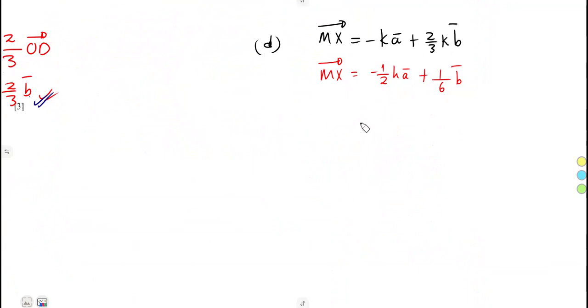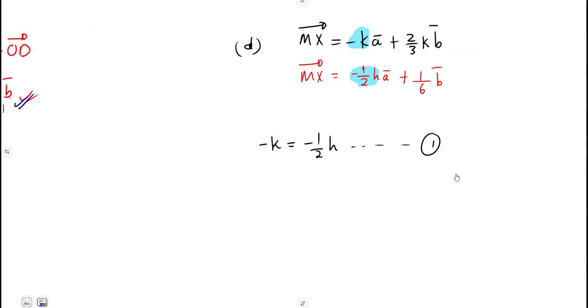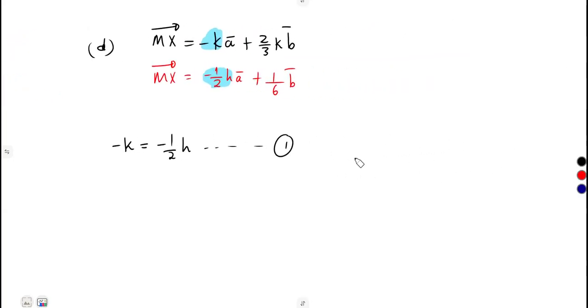You are done. All right, so here we can form for vector A, the coefficient minus K here, and this one is minus half H. You equate them together. So that's minus K is equal to minus half H. You formed an equation. Another equation from what?